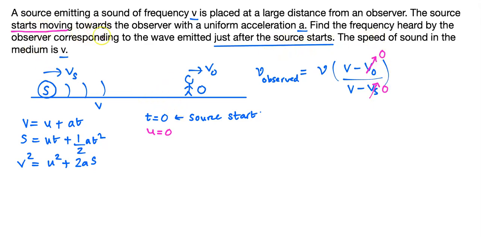It moves with uniform acceleration, but it's starting from rest, so just after the source starts, its speed is 0. So it's nu times v divided by v, so nu observed is just equal to the frequency of the source.